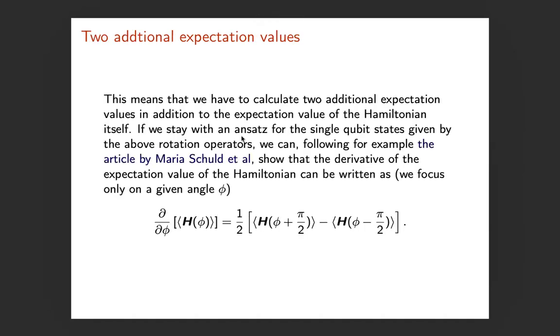Now, this means that we have to calculate 2 additional expectation values in addition to the expectation value of the Hamiltonian. One thing is the expectation value of the Hamiltonian itself, but the other is the calculation of the gradient, which leads to 2 additional expectation values.